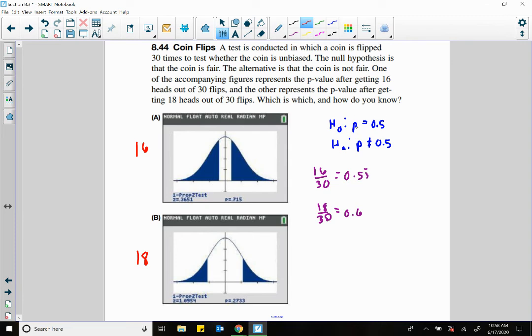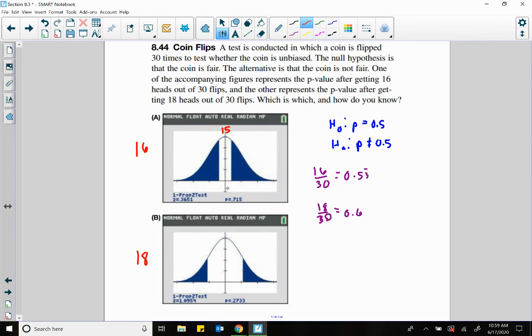The further you are away from this, the larger the z-score. Because remember, even though this is on a normal distribution, we can always go back to the original where we say, you know, this is 15 as our mean. And then we use our standard deviation to move out from there.